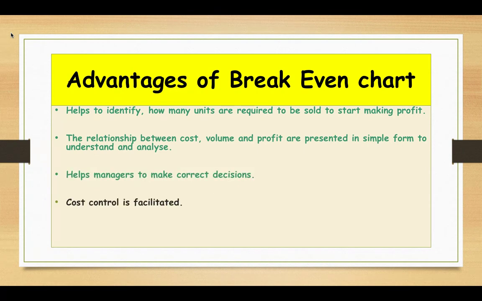The other one, the cost control is facilitated, because the chart shows the relative importance of the fixed cost and variable cost. Also, the break-even chart emphasizes the importance of keeping the fixed costs down, especially for a new startup business. As higher the fixed cost, higher the break-even point.